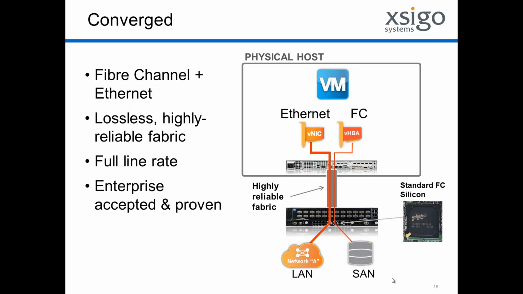And all of this is open. The cards that go in the servers are conventional cards. The ports that are being presented to the core networking, the fiber channel ports on the Xsigo device, the Ethernet ports, are all standard connections. So everything looks very, very traditional. What we're presenting inside the server looks like traditional NICs and traditional HBAs.